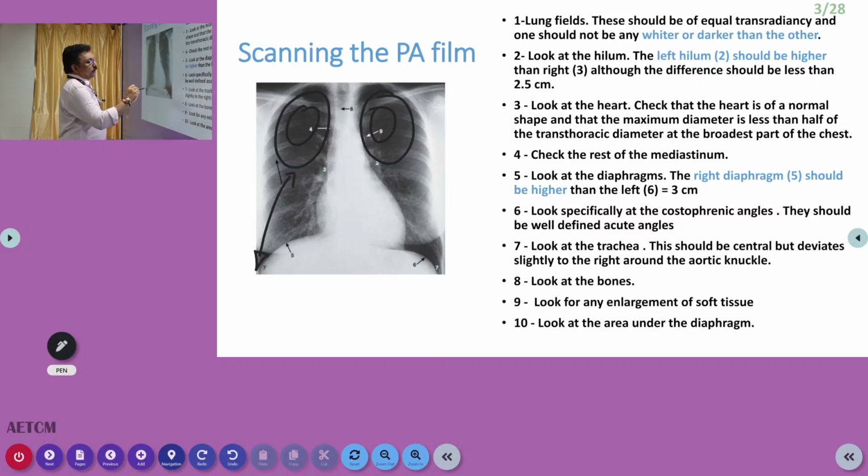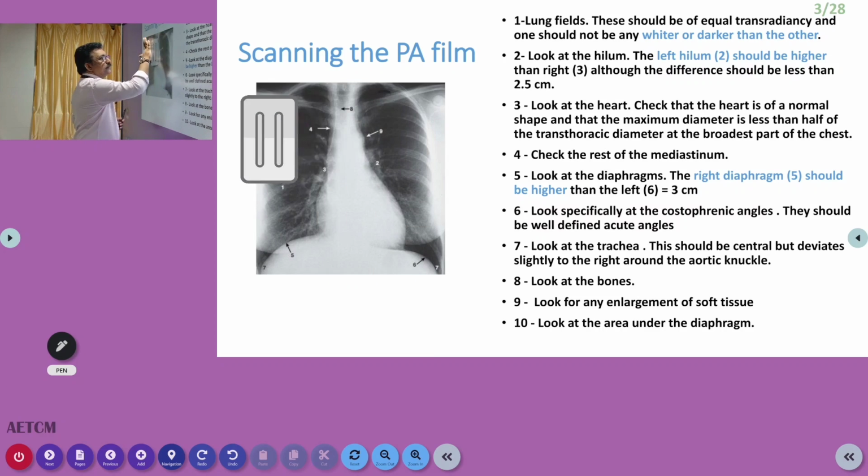Now we already told that the diaphragm is always down on the left side. The hilum will be slightly upper on the left side. Now the heart also we have to check, whether cardiomegaly is there or not.